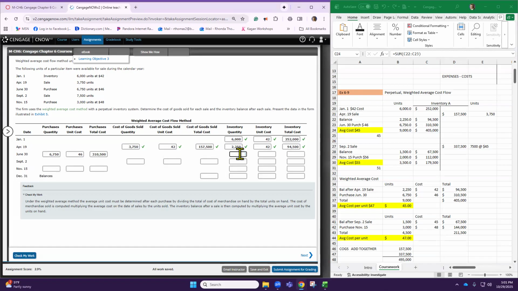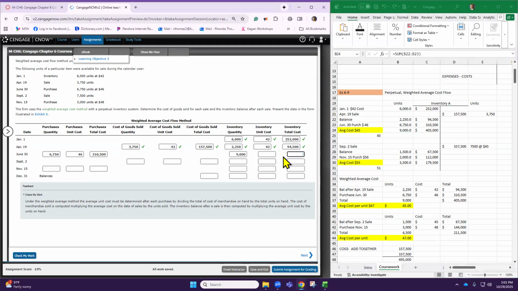Now, before we can put in the average cost, here's what you do. You take what's sitting there, 2,250 units, plus 6,750 units, and you get 9,000 units altogether.